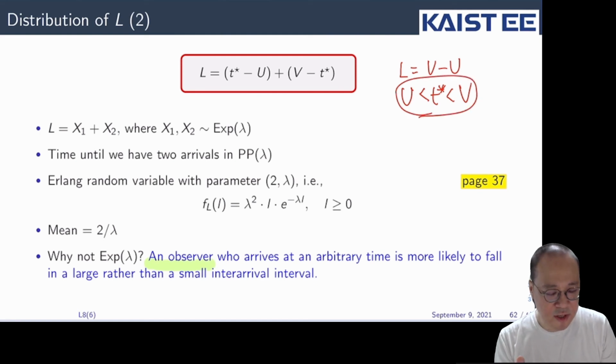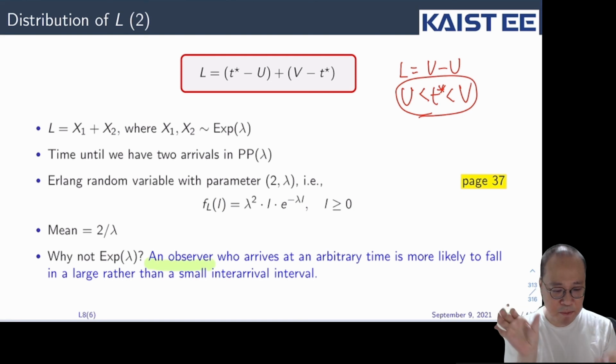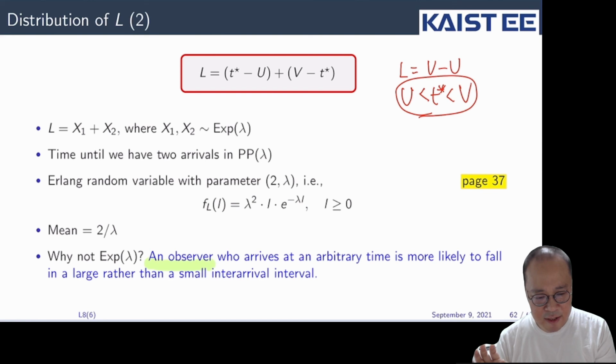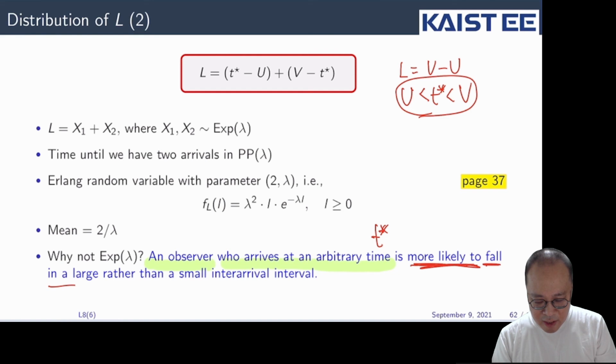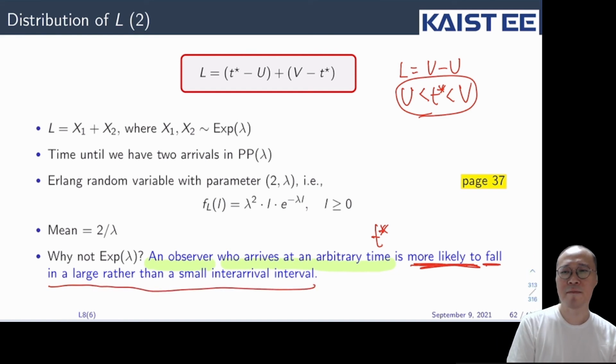So we have an additional condition that I need to look at the system between u and v. That's the additional condition, which means that an observer who arrives at an arbitrary time, here t star, a fixed time, is more likely to fall in a large rather than a small inter-arrival time.